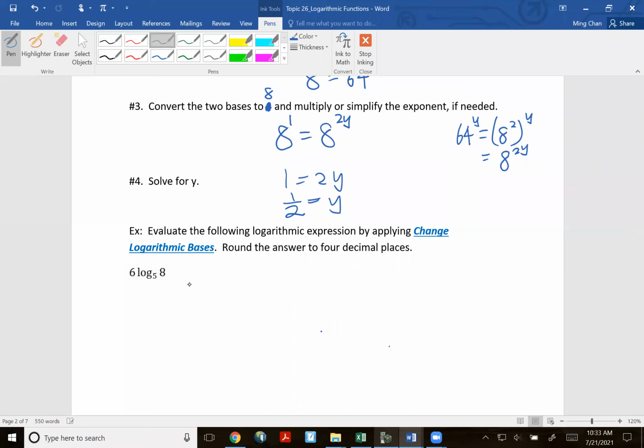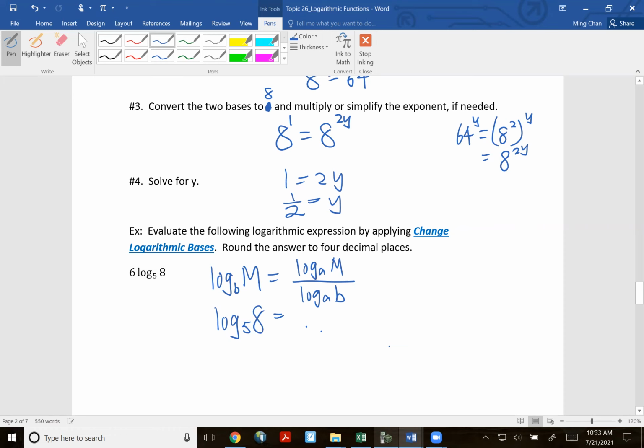There it goes. All right, log with the base b of m is equal to log base a of m over log with the base a of b. I'm gonna leave the 6 out for a moment. So far I got log with the base 5 of 8. So basically the b is 5, the m is 8.